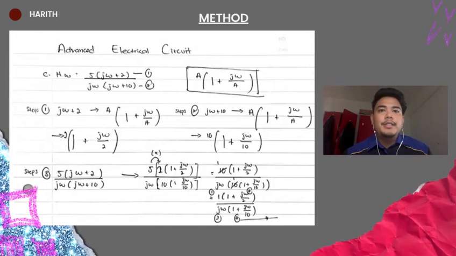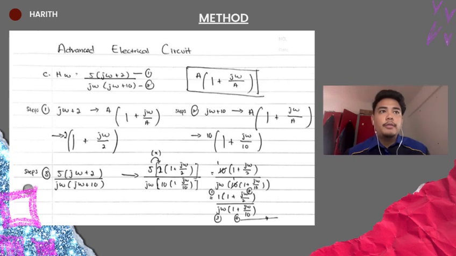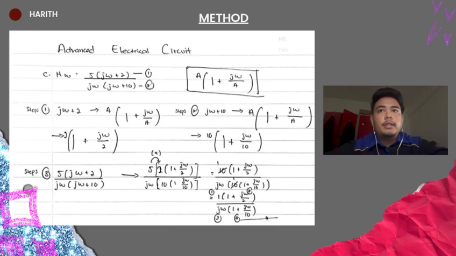So next, I will present the method for the question given, which is H(jω) equals 5 times (jω plus 2) for the numerator, and for the denominator is jω times (jω plus 10). This can be written using the standard first order term, which is a times (1 plus jω over a).